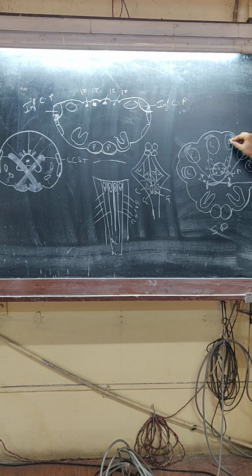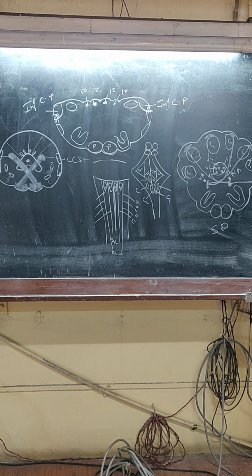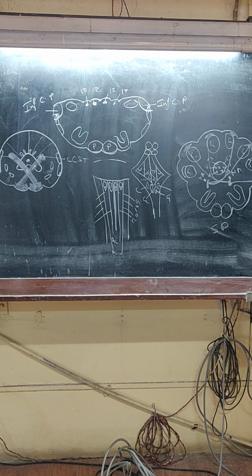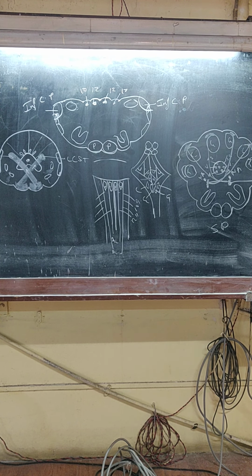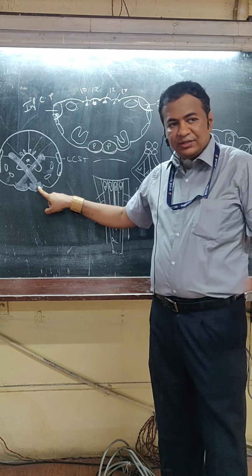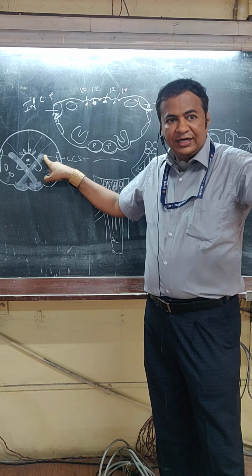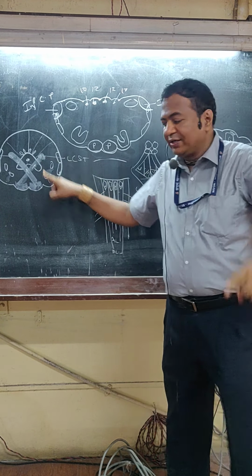You have to show tractus gracilis and tractus cuneatus going to the opposite side. This is pyramidal decussation. The pyramids, at the lowermost level of medulla, cross to the opposite side and form the lateral corticospinal tract.